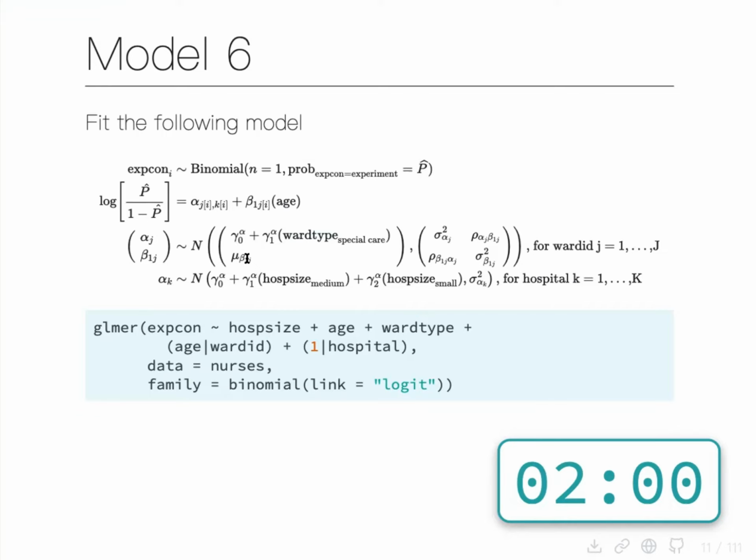That's where nurses go to get started. So there's probably not going to be much of a relation between age and the probability of being in the experimental condition if the nurses are in this special care ward type. Otherwise, we expect there to be a pretty strong relation, right? So that's an example of a cross-level interaction. And in that case, you would just change this plus to a multiplication symbol, like the star.